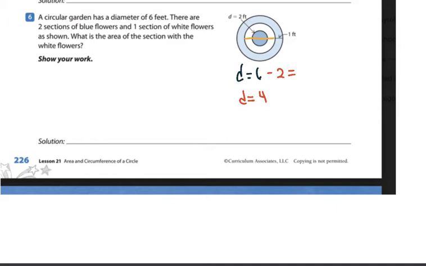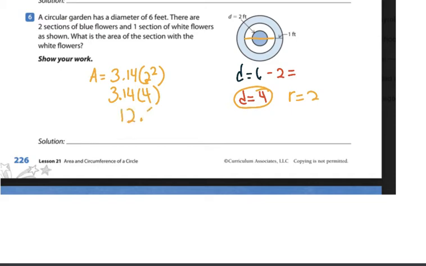First, I'm going to start by finding the area of a circle that has a diameter of 4. If the diameter is 4, the radius is 2. So it's going to be 3.14 times 2 squared, or 3.14 times 4. That gives me 12.56 for the area of the whole white circle. Now I'm going to find the area of this blue part here.